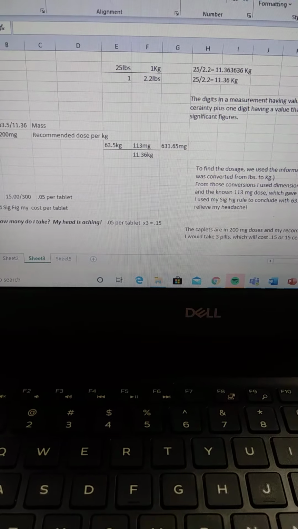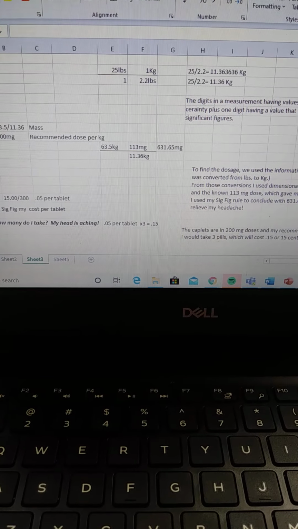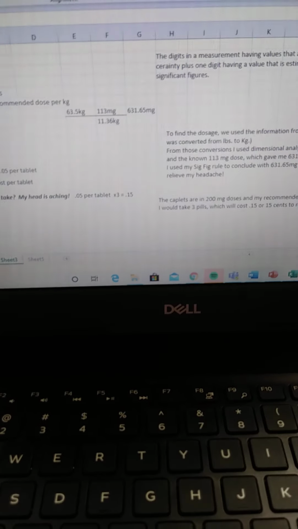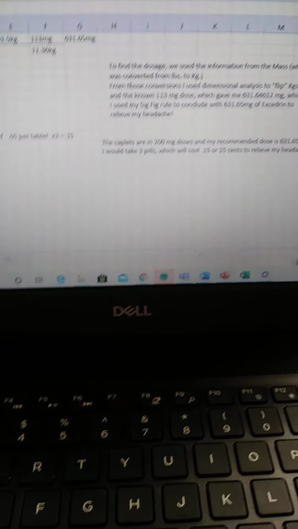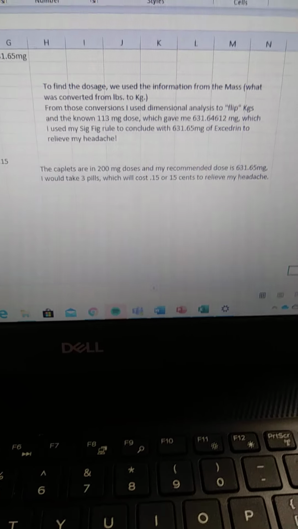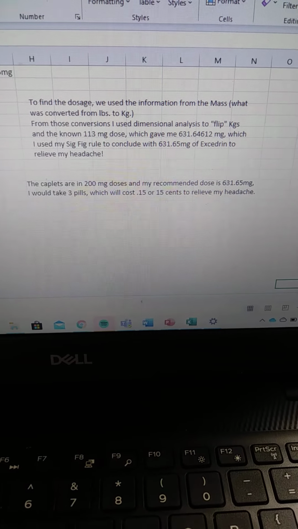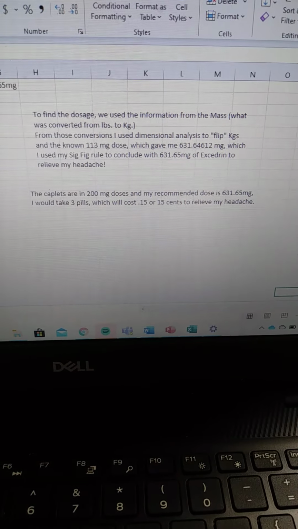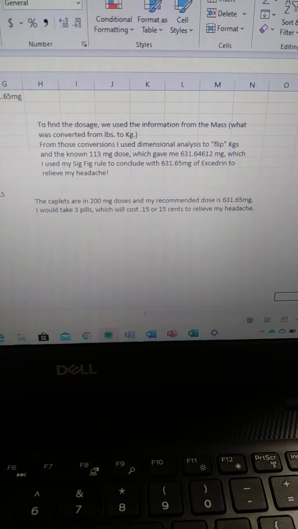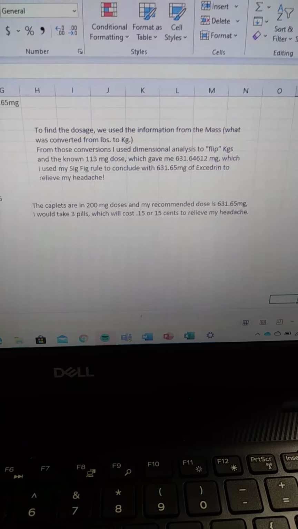That leaves me with milligrams of 631.65. That would be my dosage. Now the caplets are in 200 milligram doses, and my recommended dose is 631.65. I'll take 3 pills, which will cost 15 cents to relieve my headache.